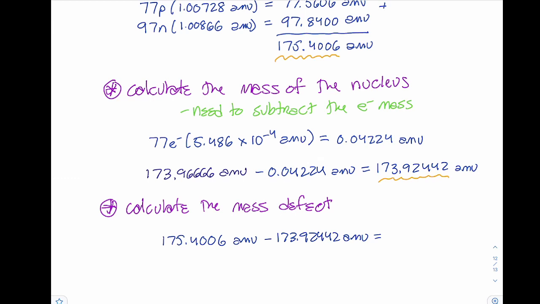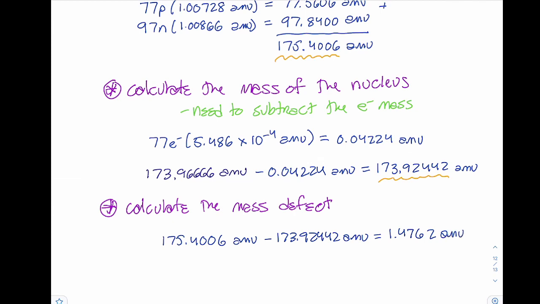Again, just be careful. There's a lot of numbers here, so make sure when you type them in, you don't rush it. And I get 1.4762 atomic mass units.